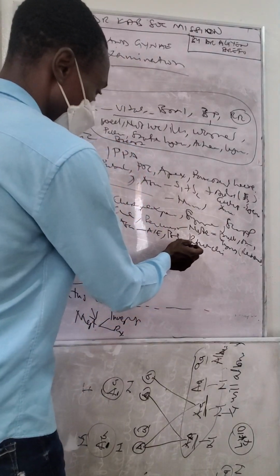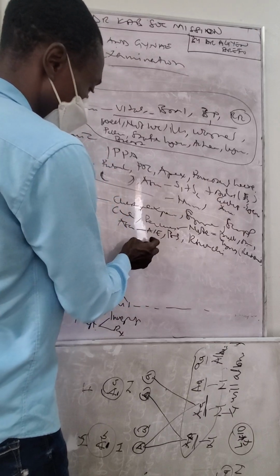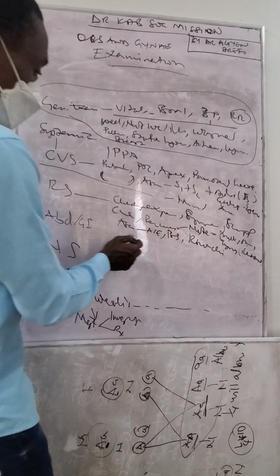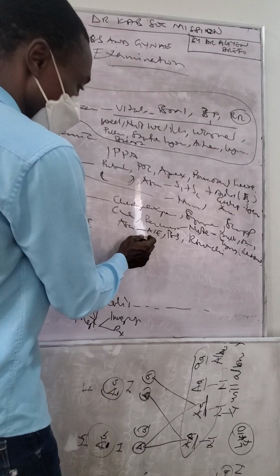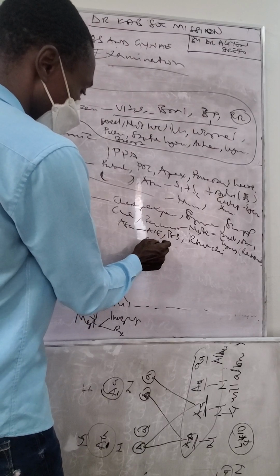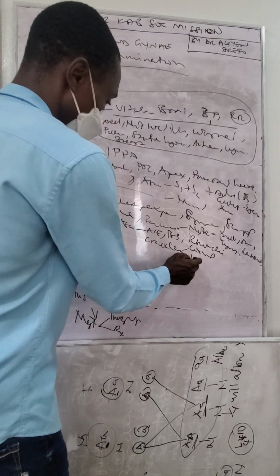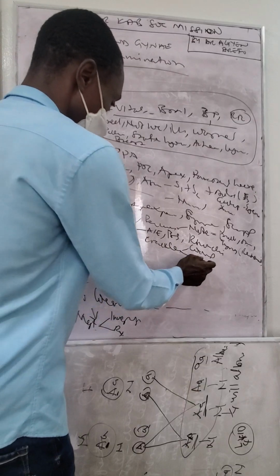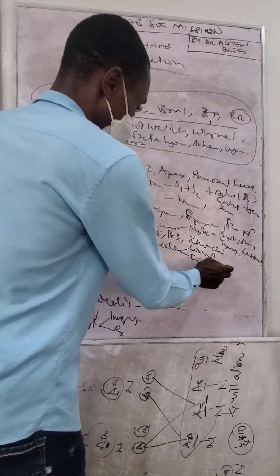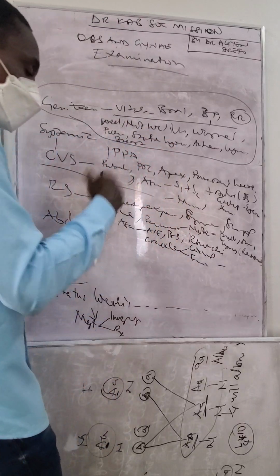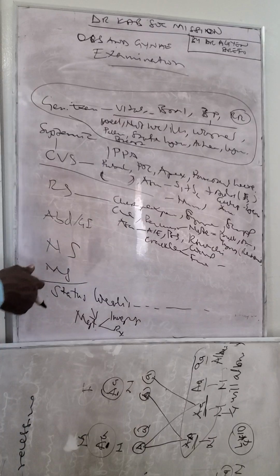Okay, then you can talk about the crackles. Okay, whether you are hearing crackles. The crackles can be coarse, can be fine. Okay. And then maybe is it bibasal or generalized? Okay, all those things will come in. So this is the picture.